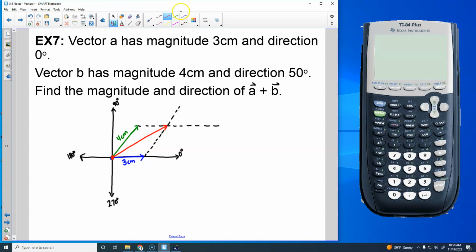Now, I didn't label my angle. I should have here. This angle, this whole angle right here, that was 50 degrees. And I know if this side is 4, this side right here is 4. And I know if that bottom side is 3, this top side should be 3. Okay, so this angle right here, angle across from 50 would also be 50 degrees.